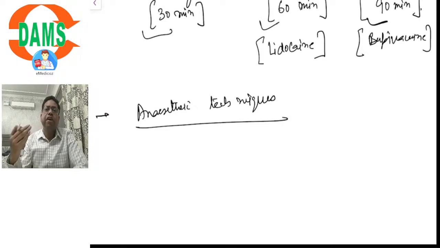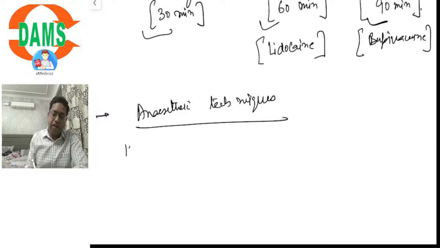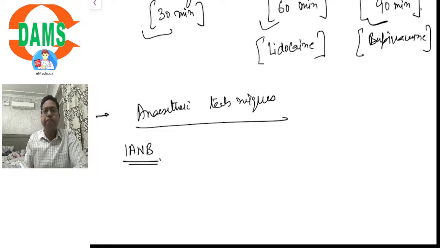So we would be requiring either inferior alveolar nerve block to anesthetize the mandibular teeth, or depending upon the location of the maxillary tooth, it can be either posterior superior alveolar, middle superior alveolar, or anterior superior alveolar nerve blocks, mostly by way of maxillary infiltrations. Okay. So firstly, we'll talk about inferior alveolar nerve block technique. IANB stands for inferior alveolar nerve block.